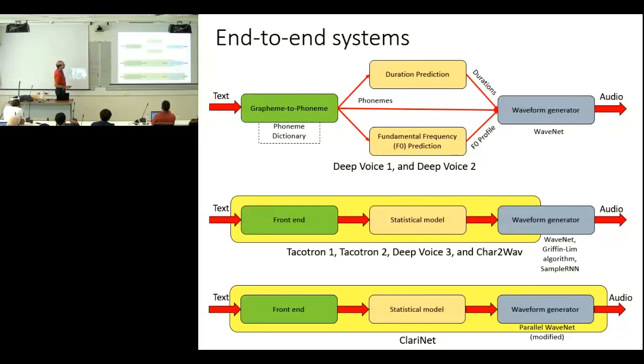Here is the high level view of Deep Voice 1 and Deep Voice 2. Here is the high level view of Tacotron 1, Tacotron 2, Deep Voice 3, and Char2Wav.